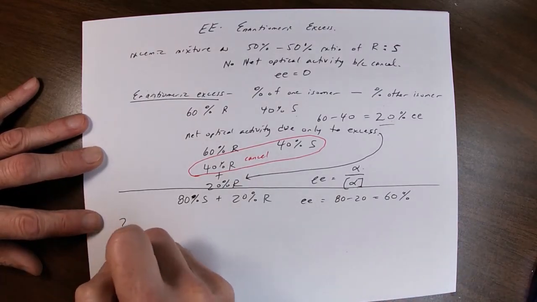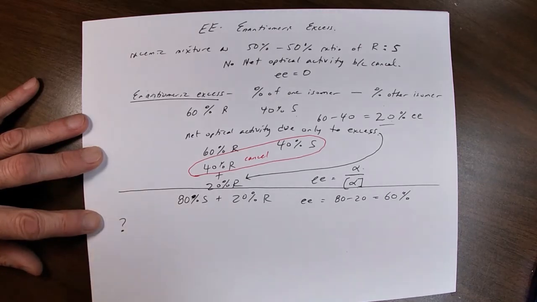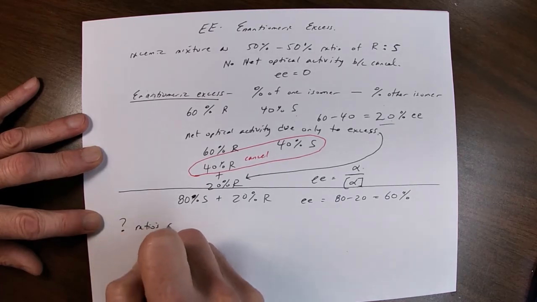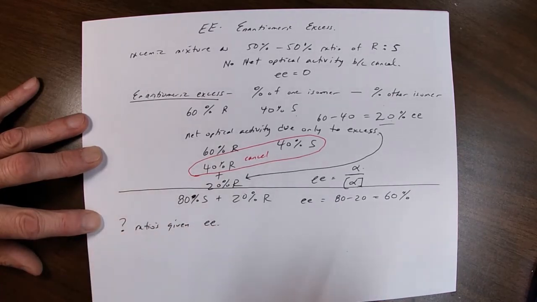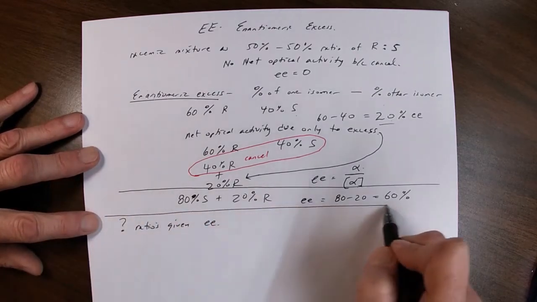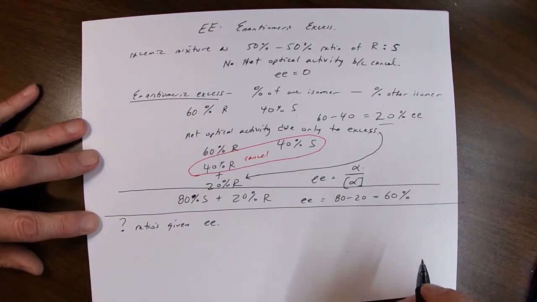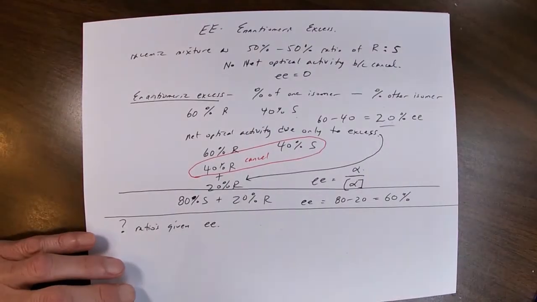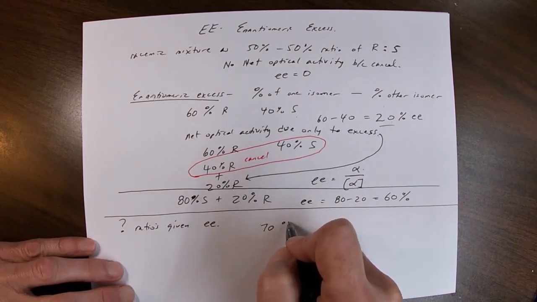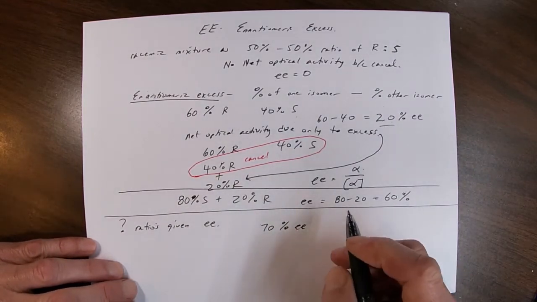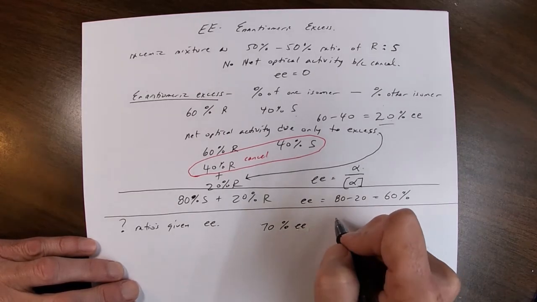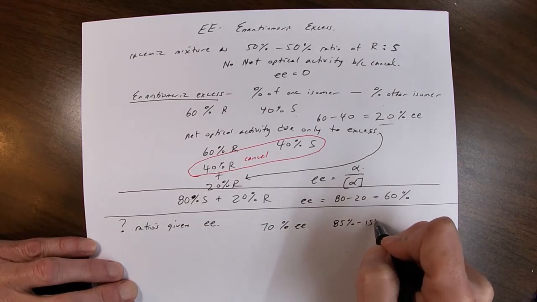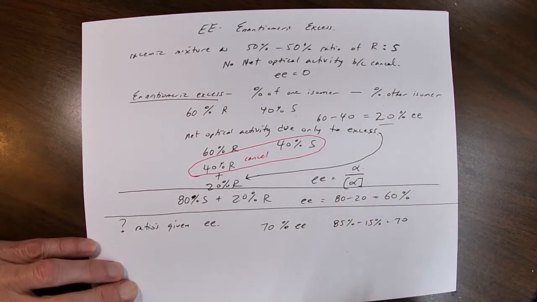When I give you the enantiomeric excess and you have to calculate the ratios, so what are the ratios given the enantiomeric excess? This is a little bit more difficult of a calculation, but let me walk this through for you. I'm just making up some numbers here. If you have a 70% enantiomeric excess, that would mean that you would have 85% minus 15%, which gives you 70%.